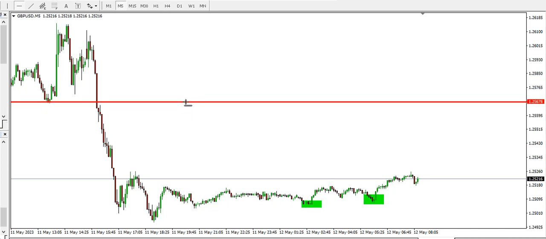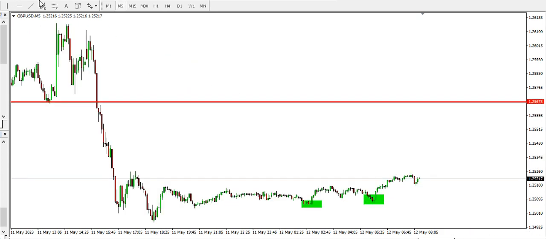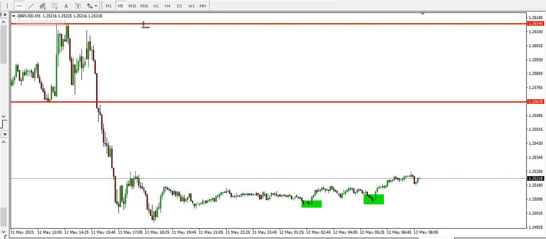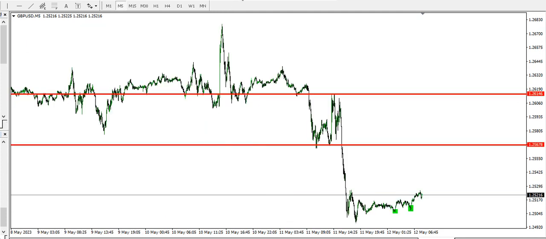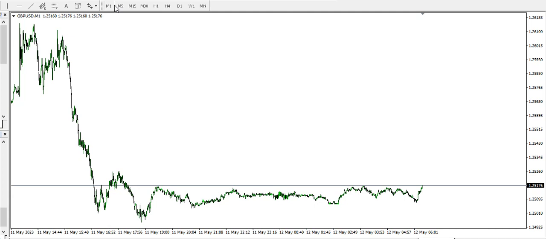If price gets up to the 1.25678 area, we might start considering buying, and price needs to break this structure here, 1.26150, for us to take it that the bullish trend has resumed. Okay, that's that for GBPUSD.